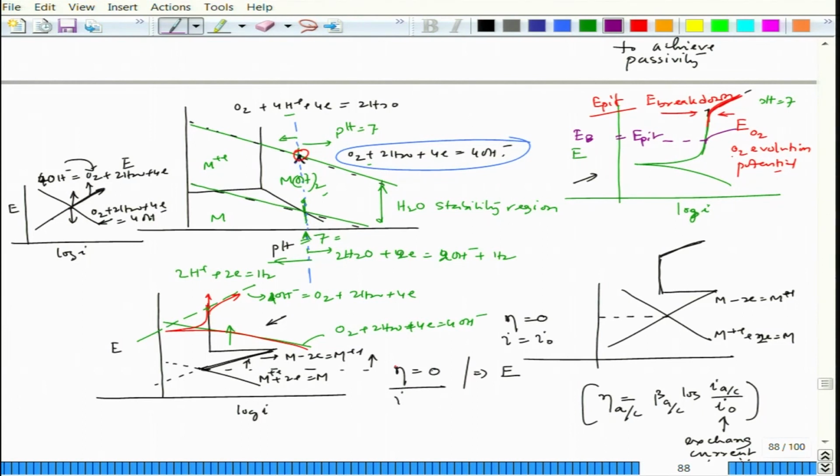Many a time you have to look at that particular potential, and if it matches the Pourbaix diagram for that metal at that pH, you can be assured that it is the oxygen evolution line. So you have to be very careful in deciding the E pit, as it is sometimes confused with the oxygen evolution potential.